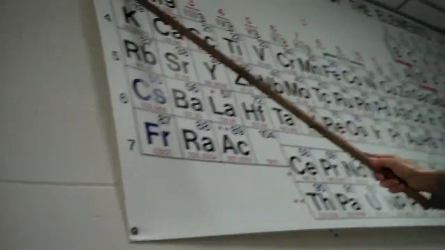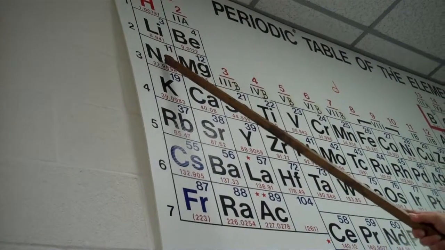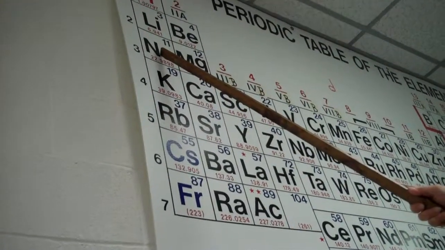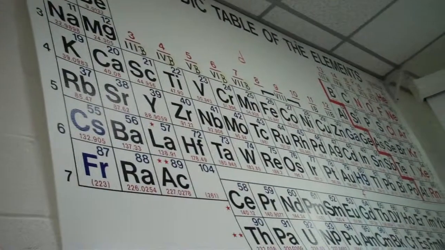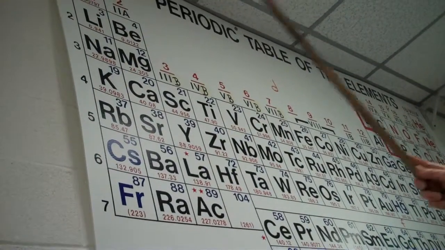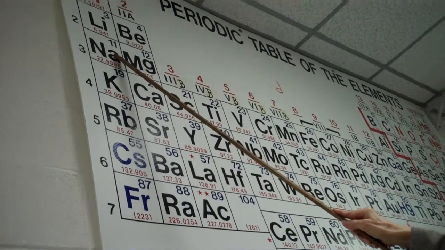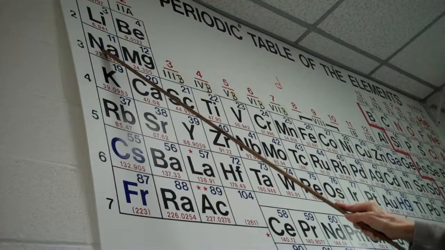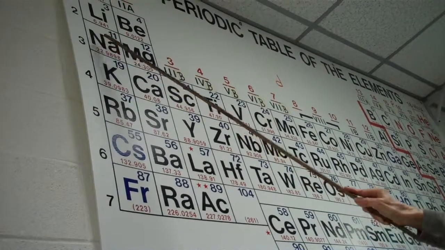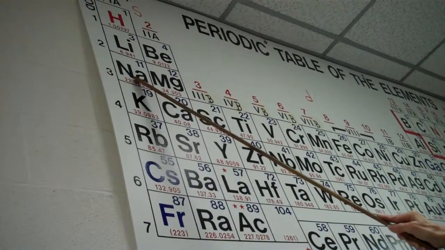Okay, let's say I have a sodium. Sodium has a choice. It wants to become more stable. It could gain 7 and go all the way out to be like argon. Or, what else could it do? Lose 1. Because if it loses 1, it becomes isoelectronic with what? Neon. So, it's going to lose 1. It's going to do whichever's the easier.